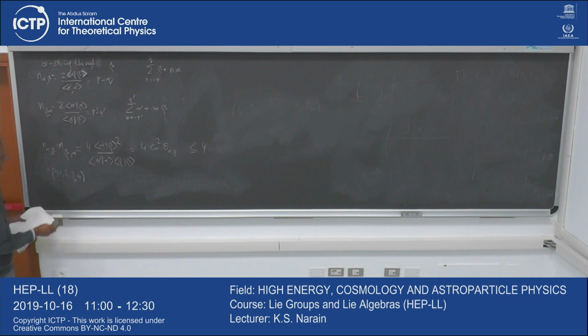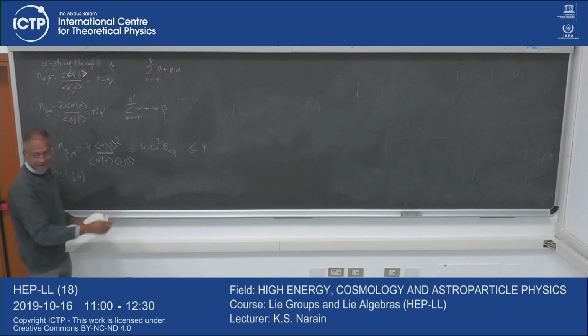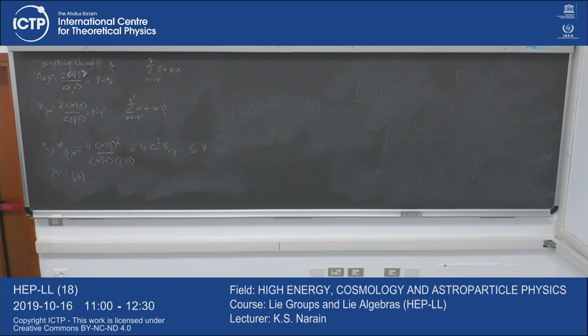But then we showed that for 4, cos theta is either 0 or pi, so they are actually parallel, and in that case, beta must be equal to plus or minus alpha. There's no other choice, right?